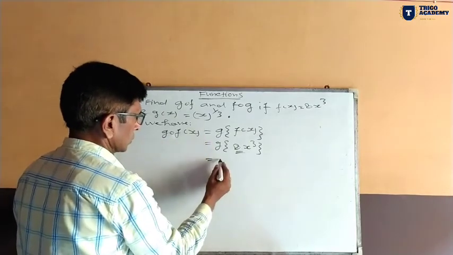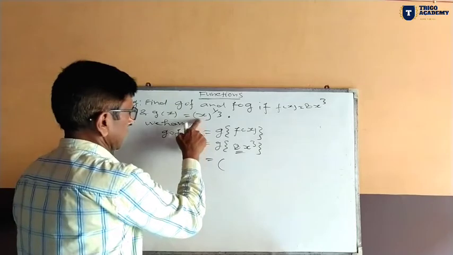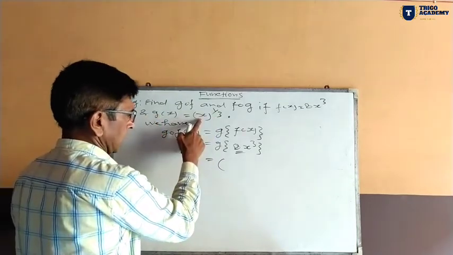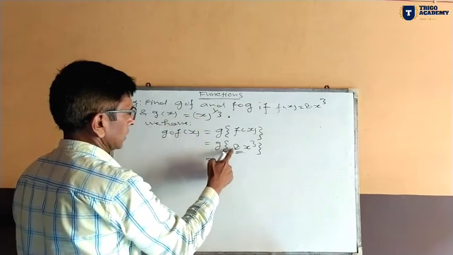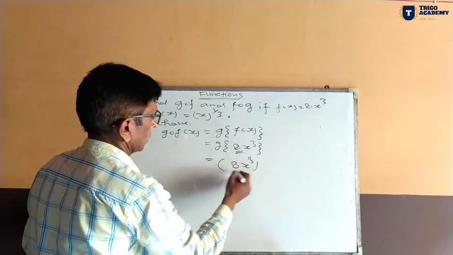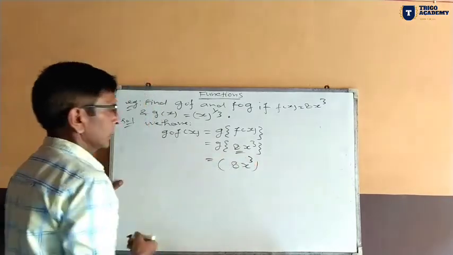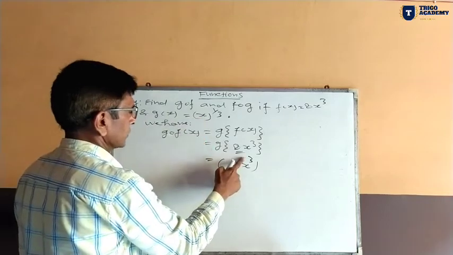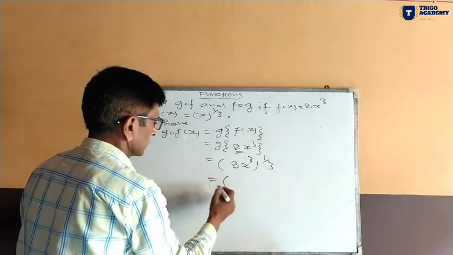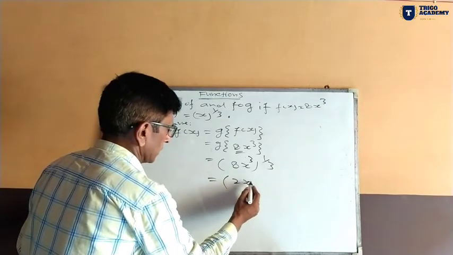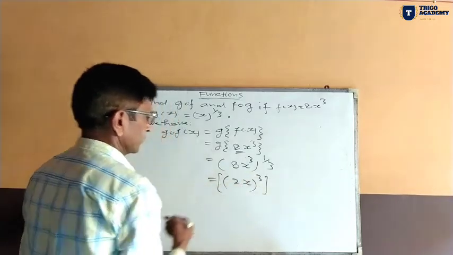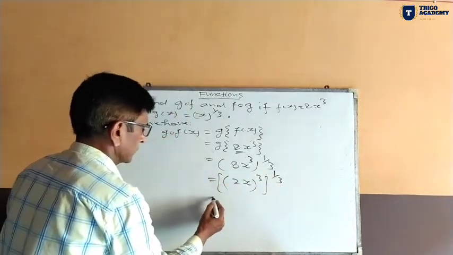So it will be equal to 8x cube raised to 1 by 3, and this can be written this way: 2x whole cube raised to 1 by 3.